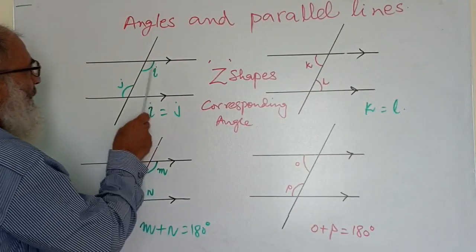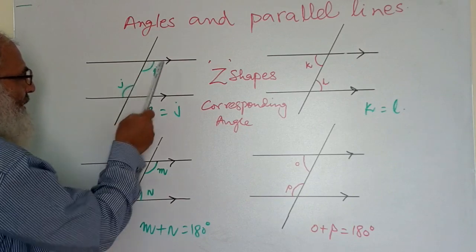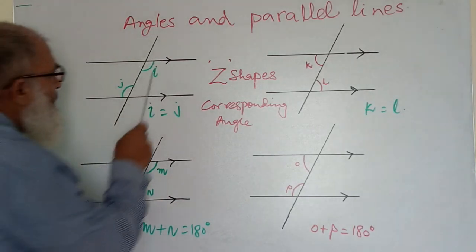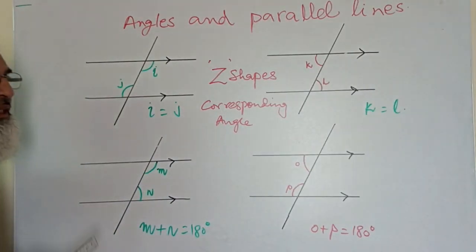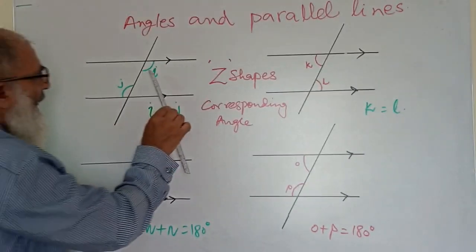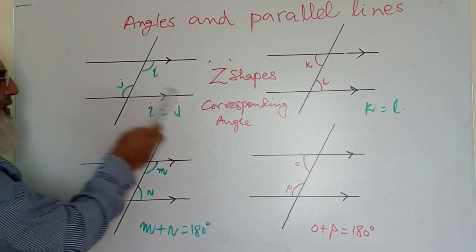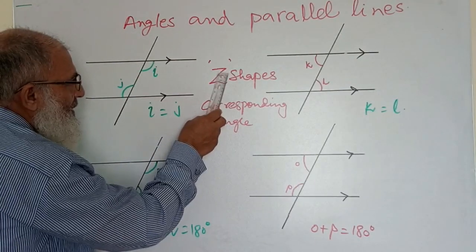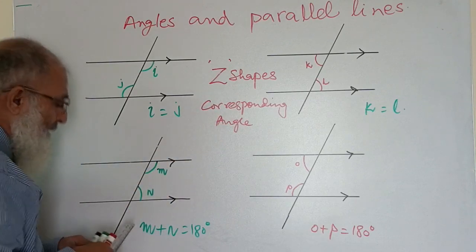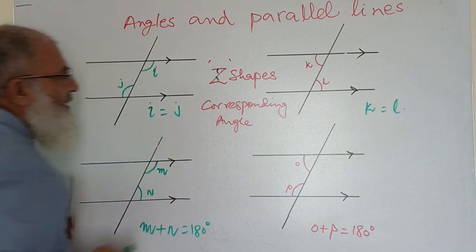Now here there are two interior angles which are also opposite angles. I is equal to J. Now these Z shapes, the angle over here and the angle over here are equal.